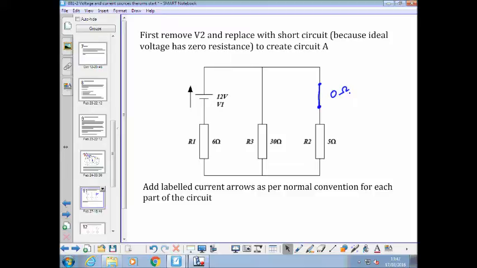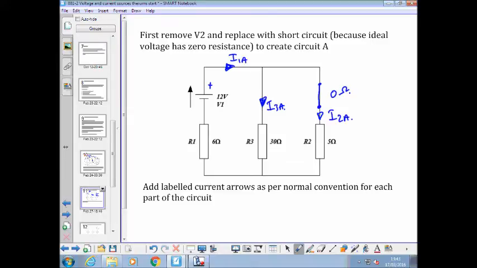So if we've got a voltage with a plus there, we'd say current was flowing I1. We're going to call that I1A, for I1 in circuit A. We would say current would flow down there, I3A, and we would say current will flow down there, I2A.